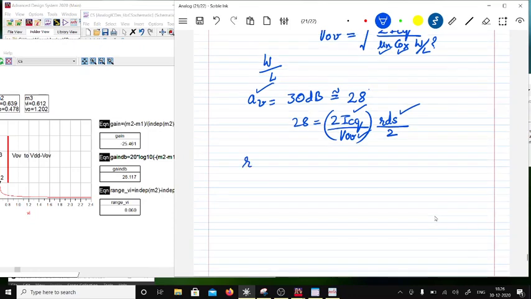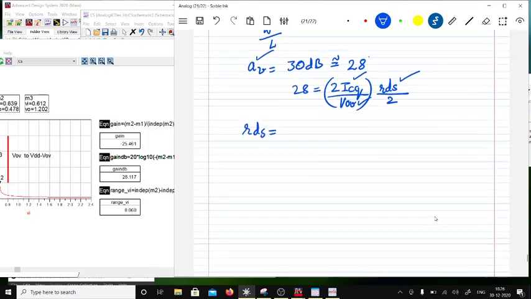So once you know RDS, you know that RDS is equal to twice of, in this case, IC. So let me just write it, twice of 1 over lambda times of ICQ phi 0 divided by 1 plus phi 0 by VDS minus V overdrive.